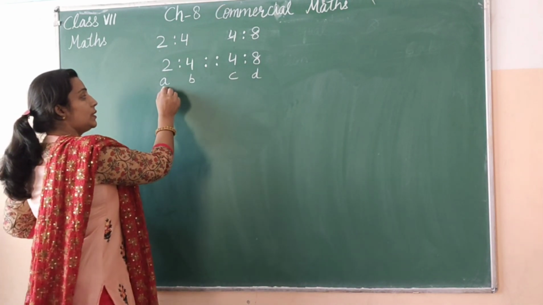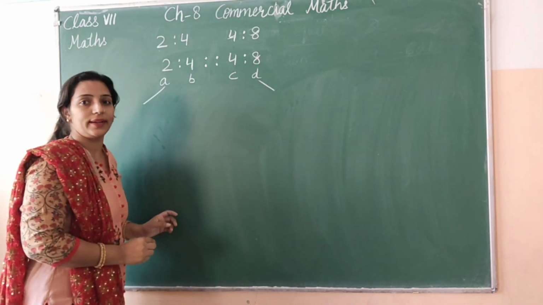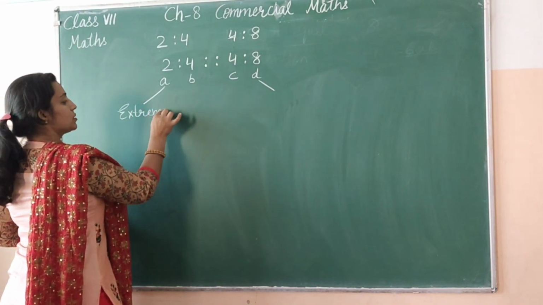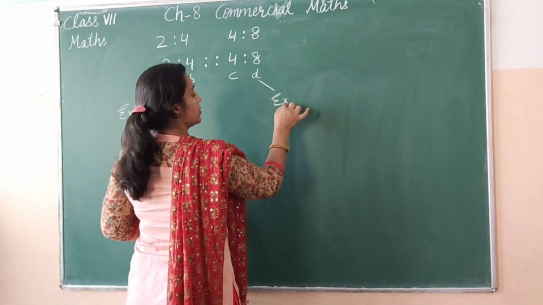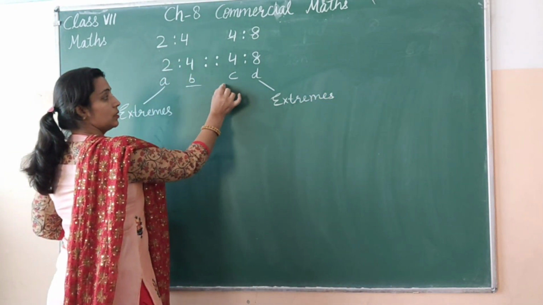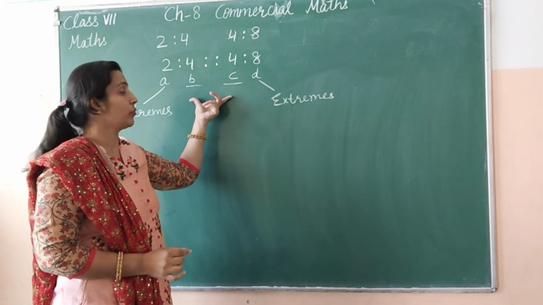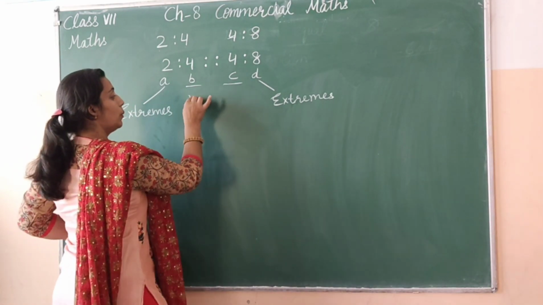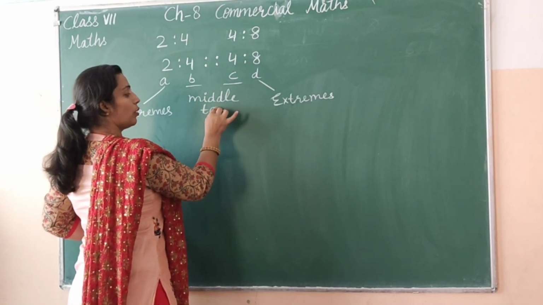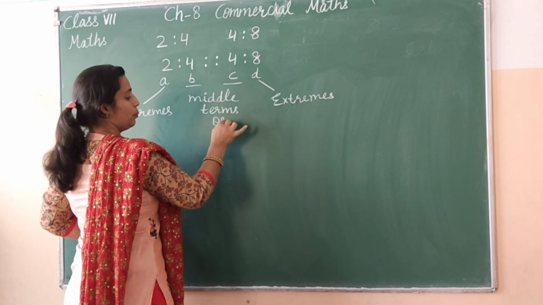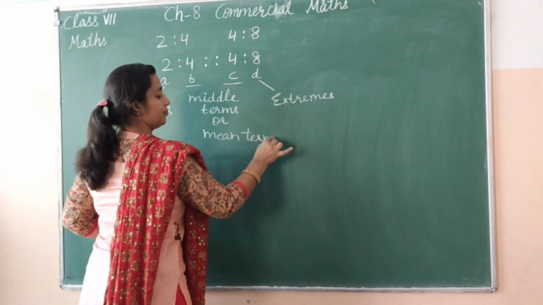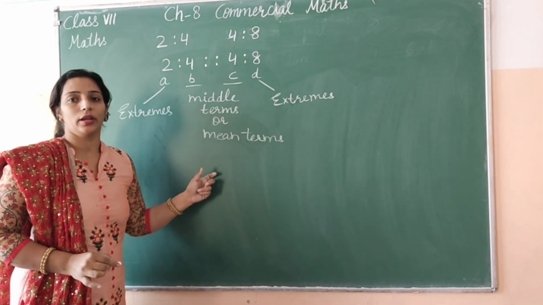Okay? These terms A and D are called extremes. What are these called? Extremes. These which are inside, B and C, are called middle terms or mean terms.